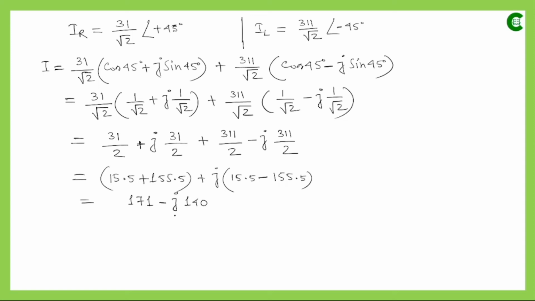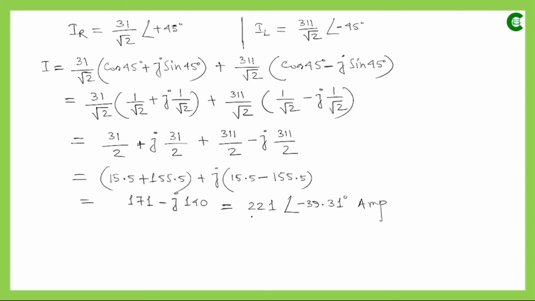Now to get the phase angle, we have to convert this into its equivalent polar form. Either we can use a calculator, or we can use the formula that I have already discussed in one of my previous classes. Whatever way we apply, finally it will come as 221, and the angle value will be minus 39.31 degree, and since this is current, the unit will be ampere.